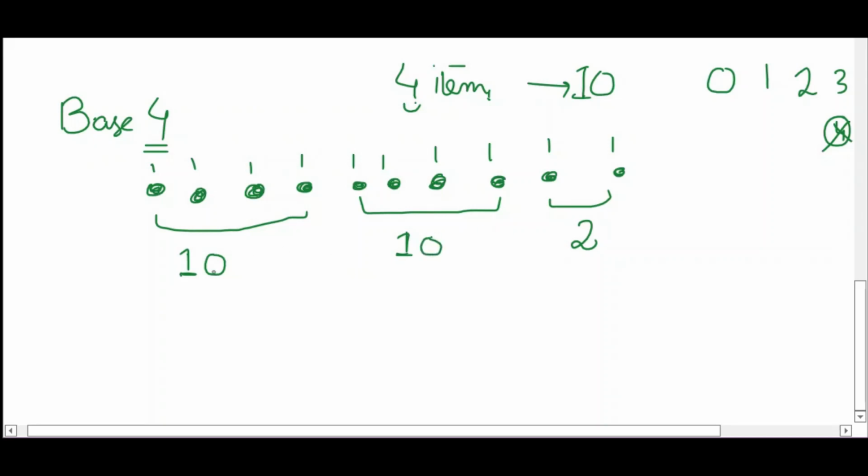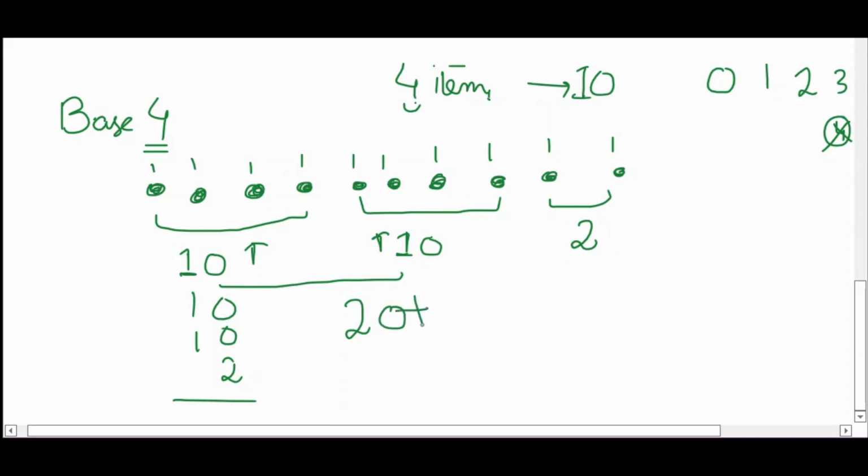Now I will add these two groups that I have, and then I will add this number as well. I cannot group further, because I don't have four groups; these are just 2 groups, so I can write them down as 2 groups.